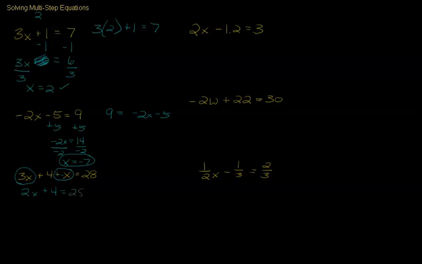From here, why don't you pause it and see if you can solve this one on your own. Okay, we're going to subtract 4, because it's plus 4 and that's the number by itself.